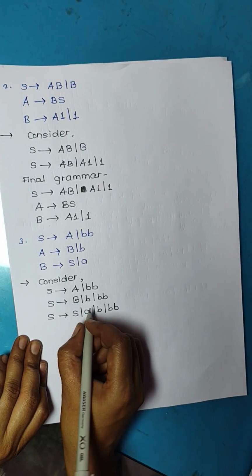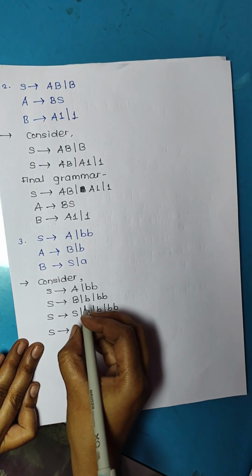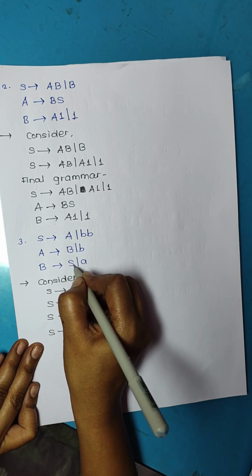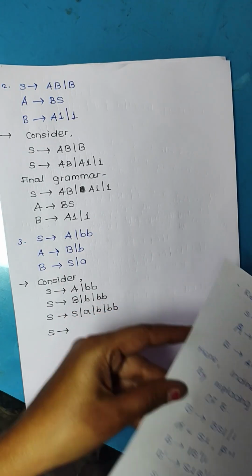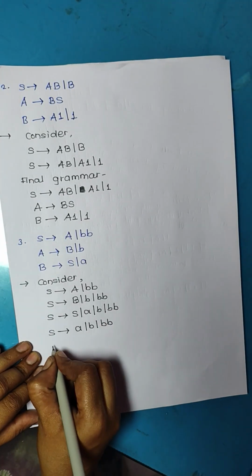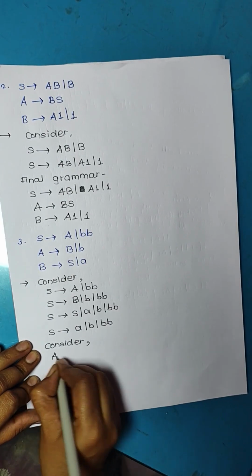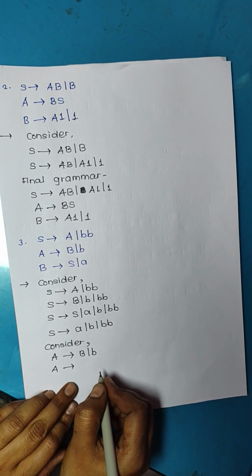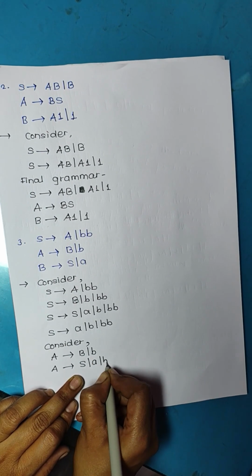Here the dependency is present, so instead of A we replace the production of B, and instead of B we replace the production of S. So A, B or B, B. Then consider the next production, A gives B or B. Here instead of B we replace the production of B, that is S or A, and this B will be as it is.